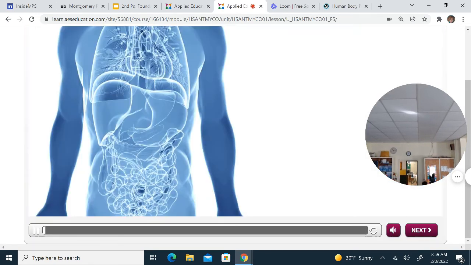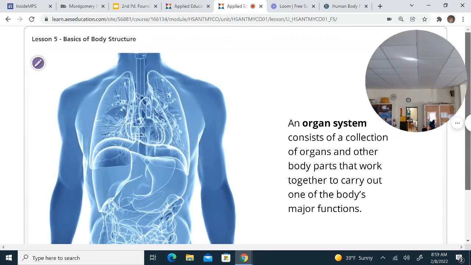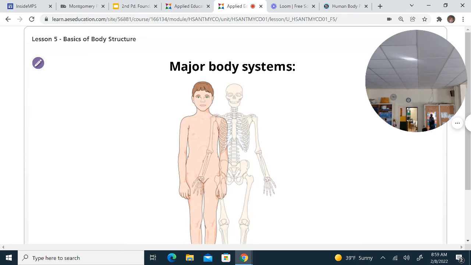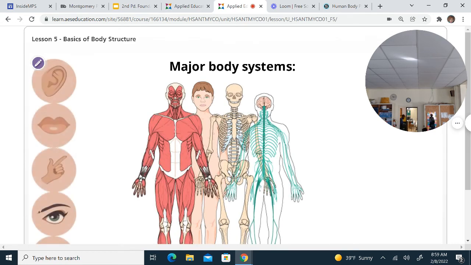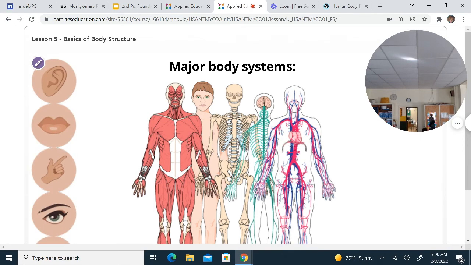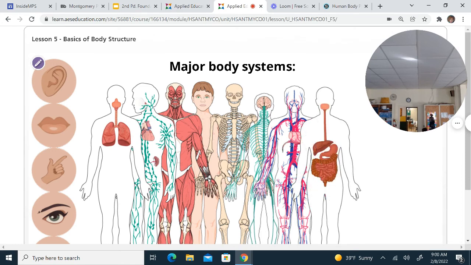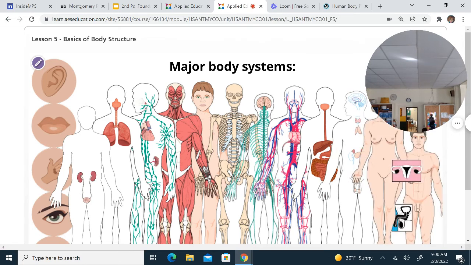Alright, so then you have a system. An organ system consists of a collection of organs and other body parts that work together to carry out one of the body's major functions. While systems have distinct roles, they do rely on each other. Major body systems include the integumentary system, skeletal system, muscular system, nervous system, sensory system, cardiovascular system, lymphatic system, respiratory system, digestive system, urinary system, endocrine system, and reproductive system.